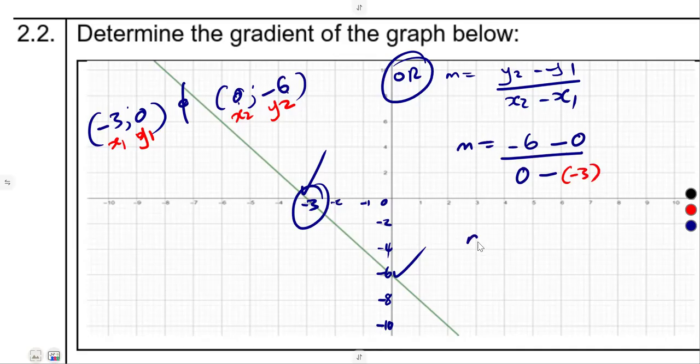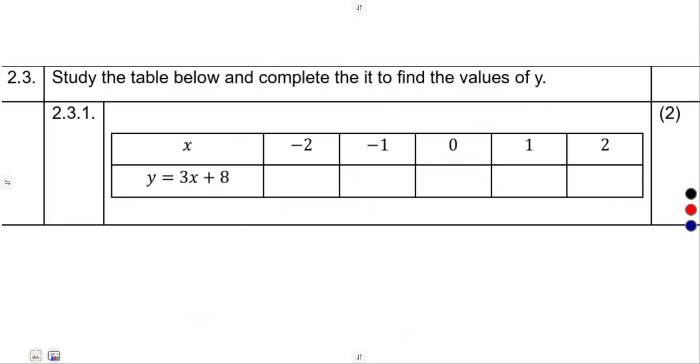Minus 6 minus 0 is minus 6. 0 minus minus 3 is a plus, so that's 0 plus 3, which is 3. So m is going to be negative 2. That is the gradient of the given line. So many ways.